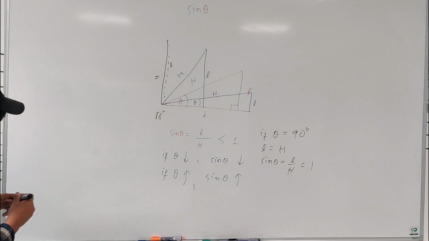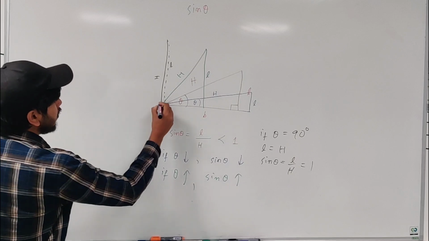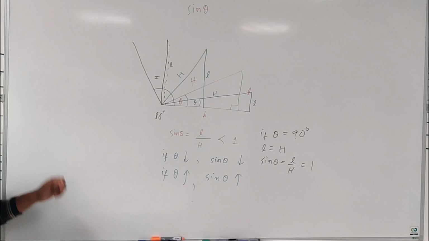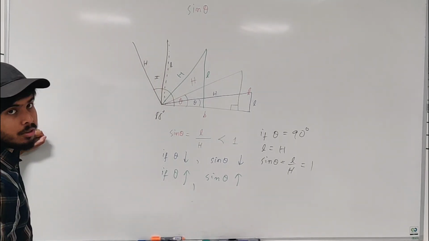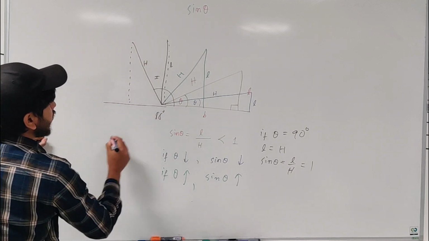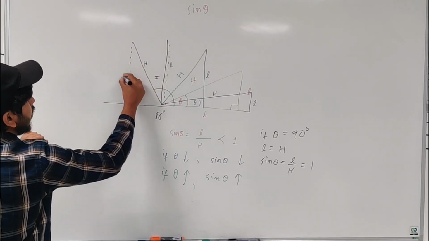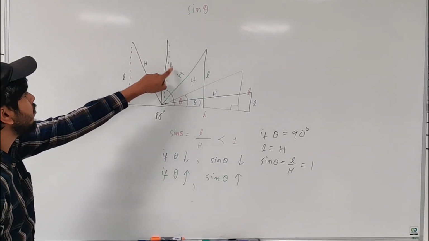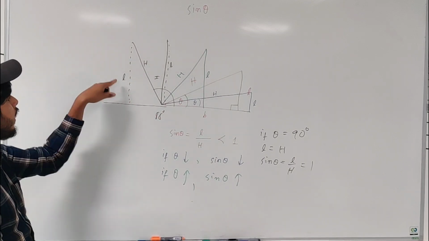Now what happens if we increase theta further? At 90 degrees sine theta is 1. If we increase theta further, we make an obtuse angle like this, let's say 100 degrees, 110 degrees. Keeping the hypotenuse the same, we again drop a perpendicular. Now H is kept the same, but this length L has reduced. When theta was 90 degrees, L was equal to capital H, but the moment theta has gone further up, L has reduced.